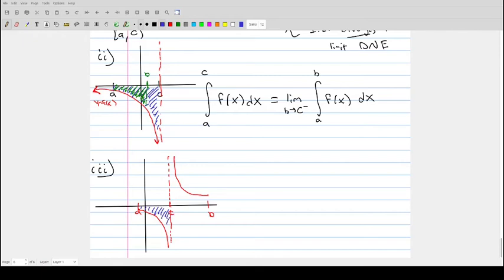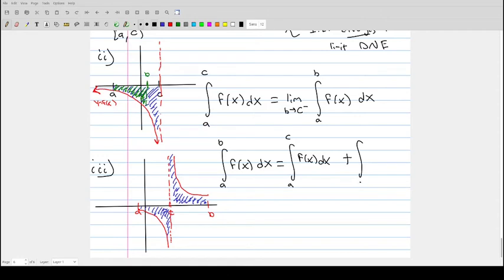So we want to be able to define the actual improper integral as we approach the asymptote over this entire region from a to b. And we say that this improper integral from a to b of type 2 exists if the improper integral from the left exists, so if the improper integral from a to c exists, and the improper integral from the right exists.